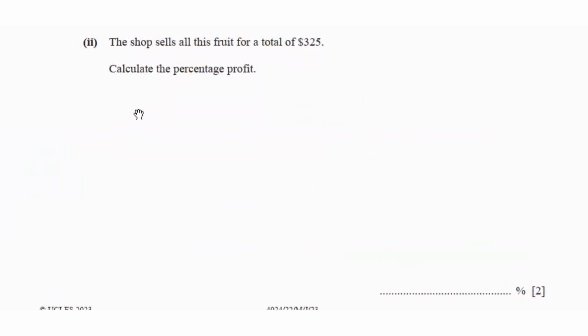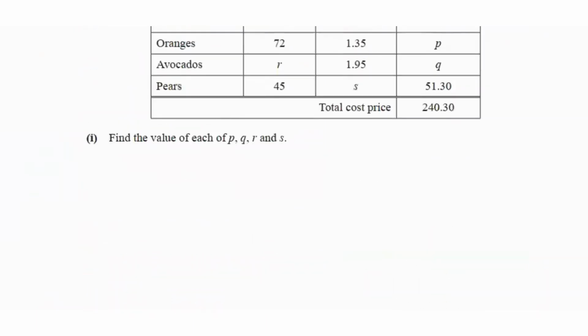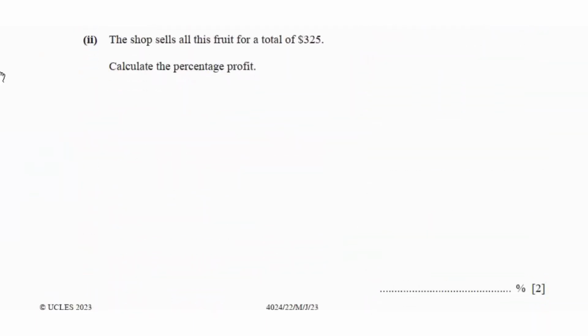The shop sells all this fruit for a total of $325. Calculate the percentage profit. So we know that the cost is 240.30. Selling price is 325.